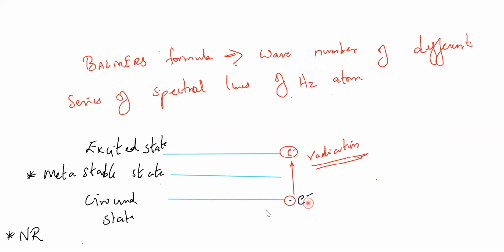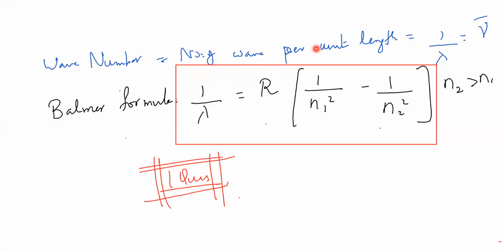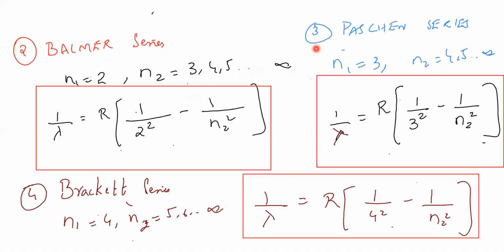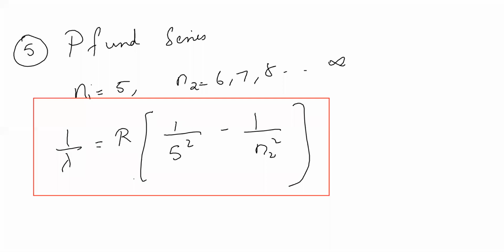In Lyman series, 1 is the ground state. Then up to infinity, it can go to excited state. That's the only thing here. What I'm going to tell you will come for your entrance. This is mainly for the entrance formula.